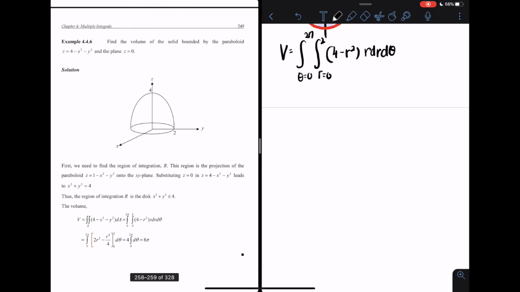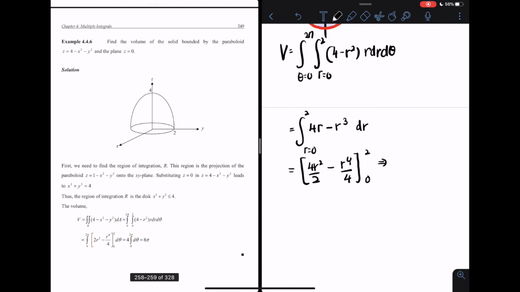Okay, so I will get the integral of 4r minus r cubed, with r from 0 until 2. Then I will get 4r squared over 2 minus r to the power of 4 over 4, and then I will evaluate from 0 until 2.